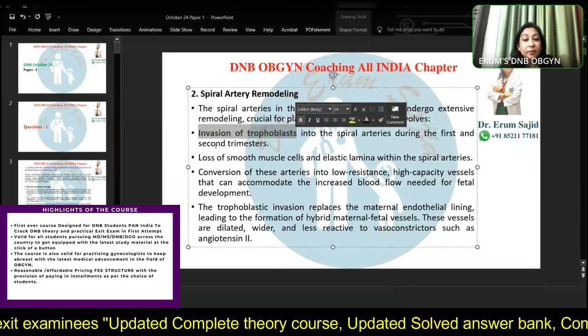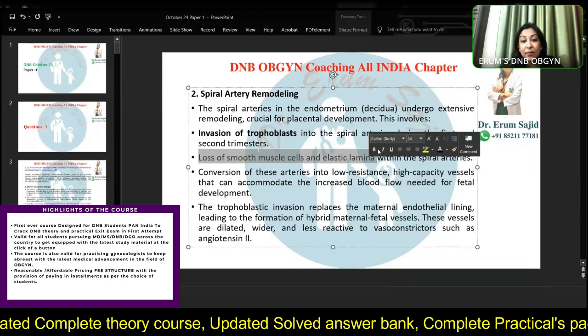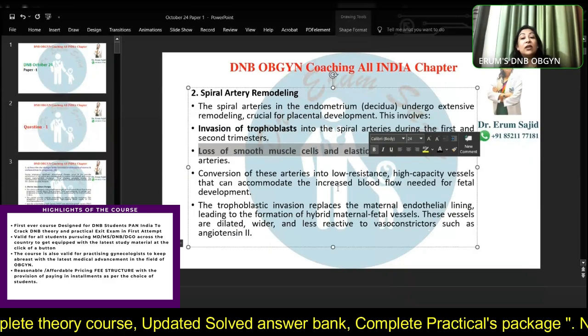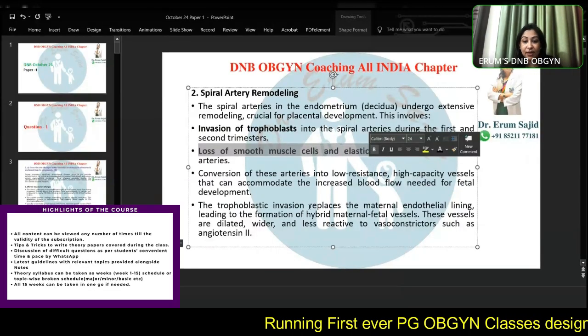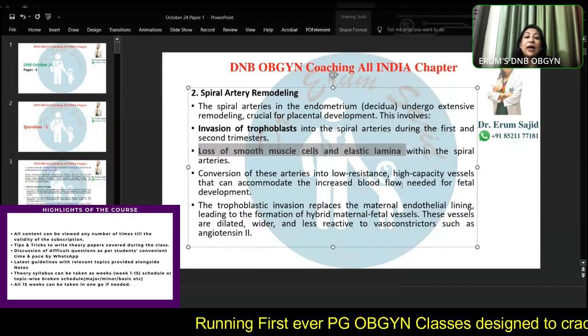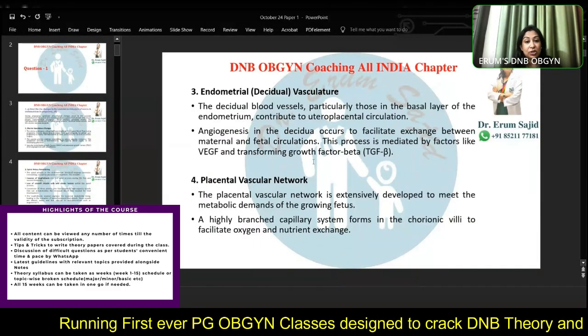Correct? So conversion of these arteries into low resistance and high capacitance vessels. This trophoblastic invasion wave is absent in patients who are destined to develop preeclampsia. Otherwise it happens.